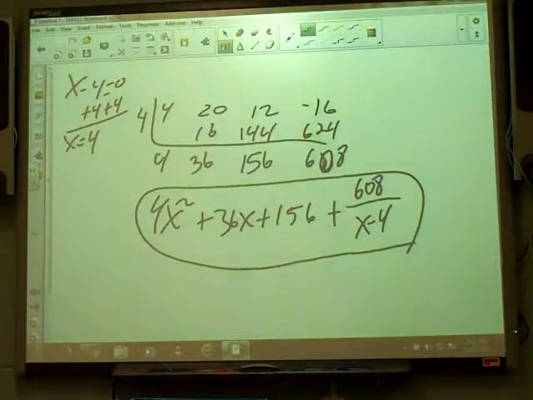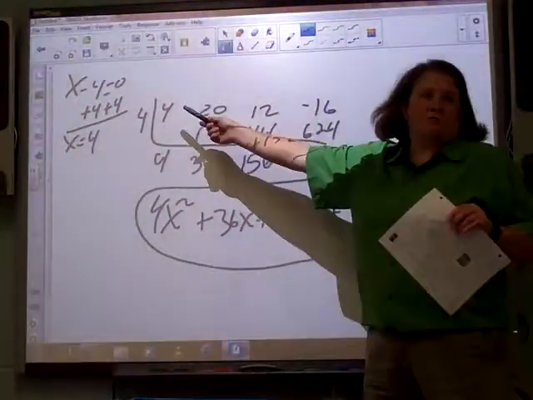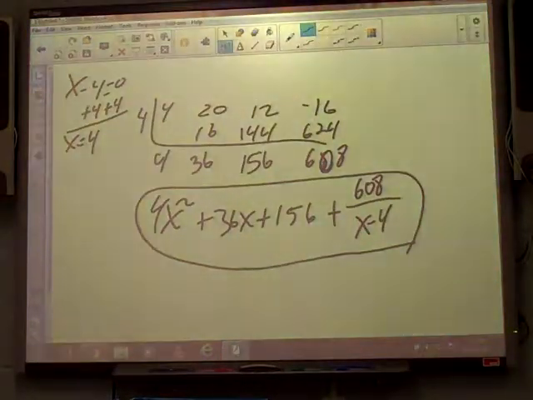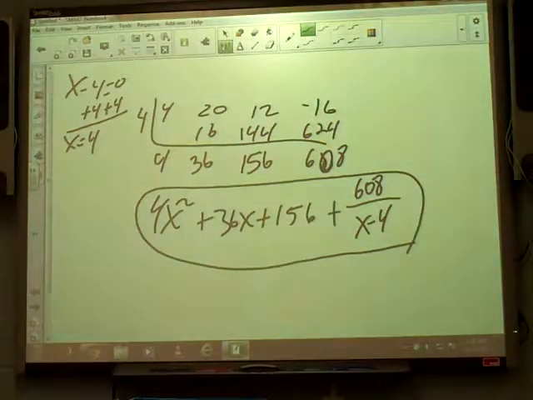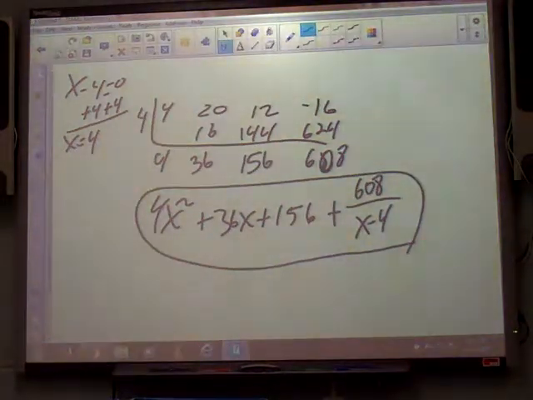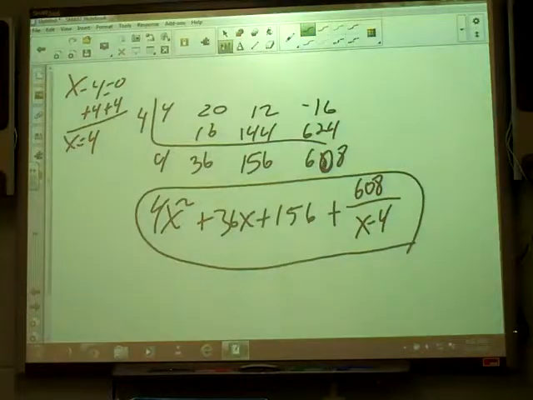Yeah, you would have had to take the factors of 16 over the factors of 4 and do trial and error. Yeah, 1, 2, and 4. Yeah, fractions. Would it be a fraction then? I don't know. I mean, obviously we know 4 doesn't work because we didn't get a 0 there. So, I don't know. I haven't solved it yet.